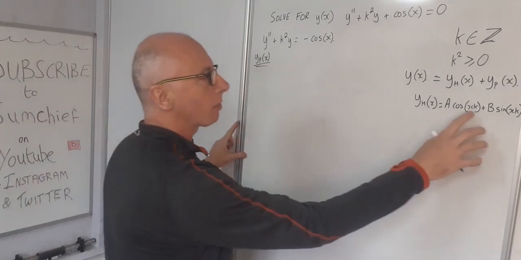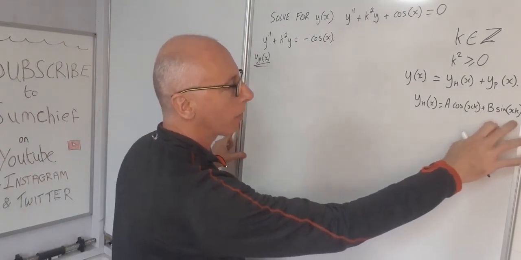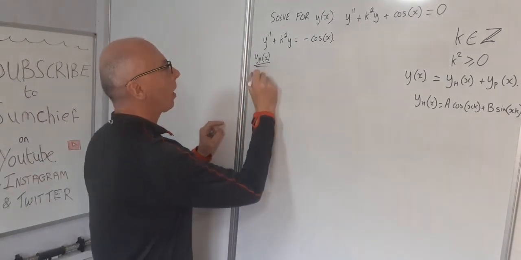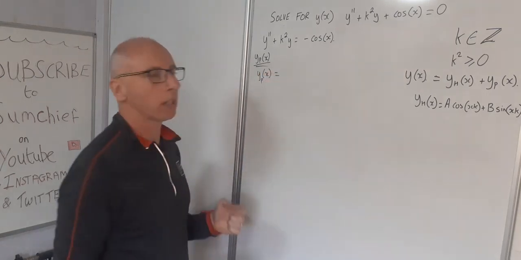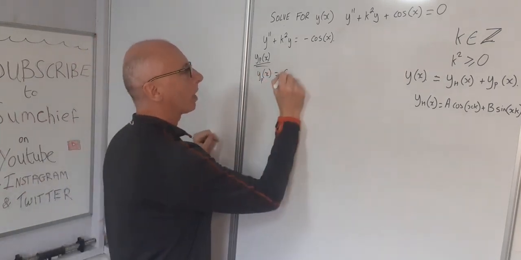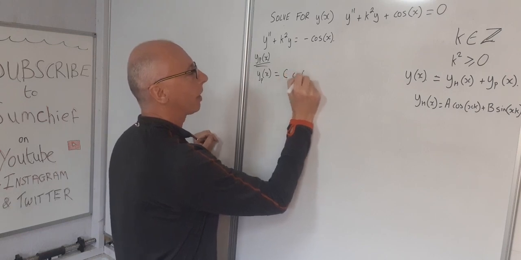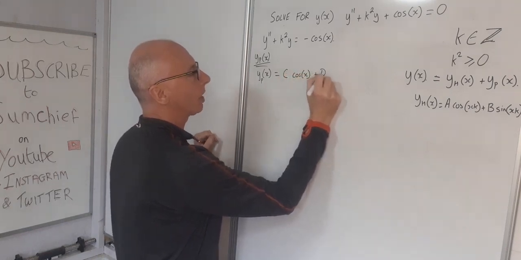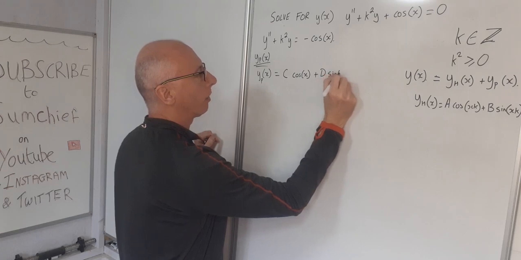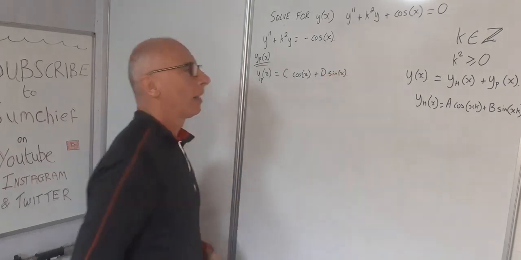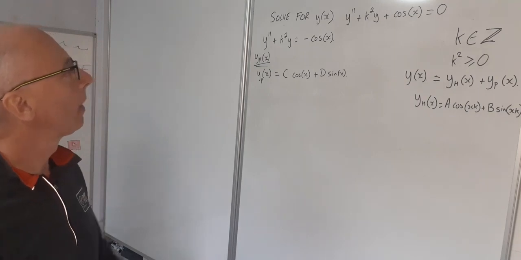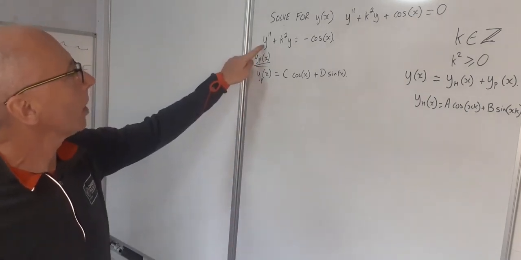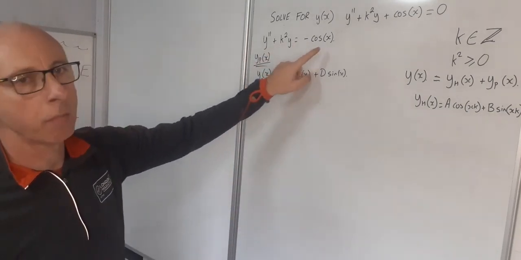So I'm not going to use the same constants, and I'm not going to use the same input. So my y of x in my particular solution is going to be in the form of something like c cosine of x plus d sine of x. That's somehow my format for my particular solution. So now I can look at what I'm trying to solve for my particular solution.